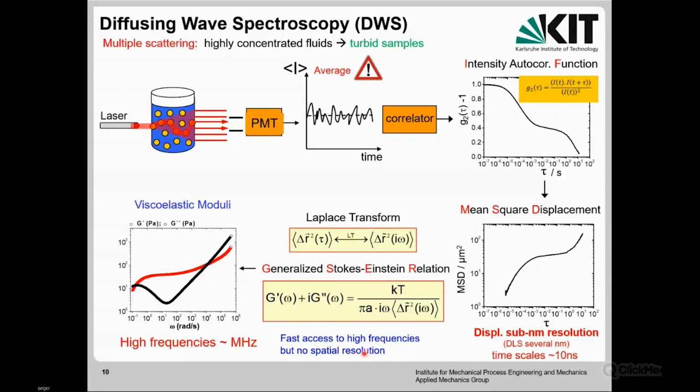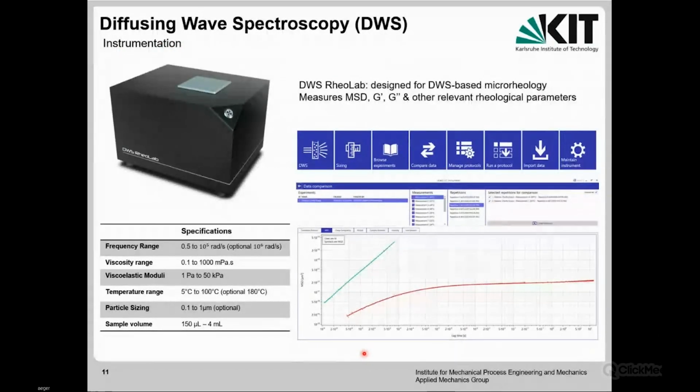And now this is just a picture of this DWS setup, this DWS Rheolab we bought from LS Instruments. Everything is included in this box. You have the laser, the sample holder, the heating elements and the detector. Everything is included in this black box.